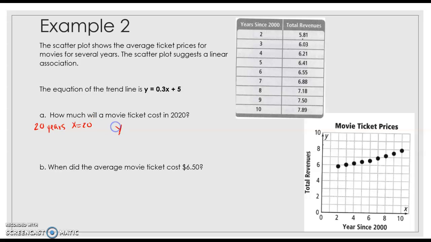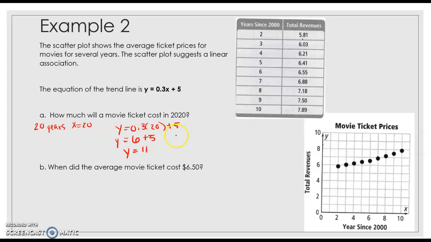So I'm going to do y equals 0.3 times 20 plus 5. 0.3 times 20 is 6. So it's 6 plus 5, and 6 plus 5 equals 11.